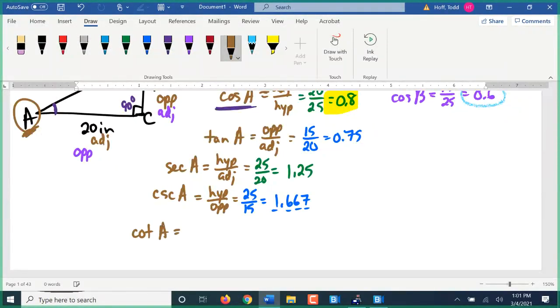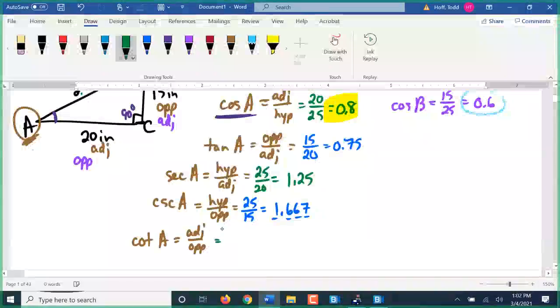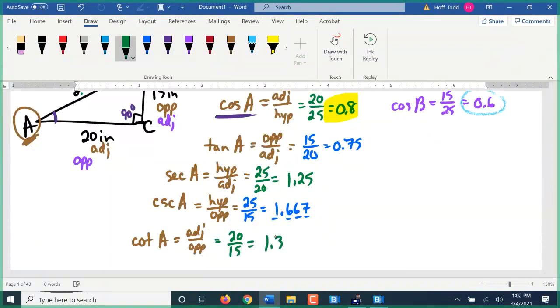Cotangent of angle A is the adjacent over the opposite. The adjacent side is the 20 over the opposite side of 15. That's 1.333333333. But since there's a 1 in front of the decimal point, we'll go 3 after. That gives us 4 total place values.